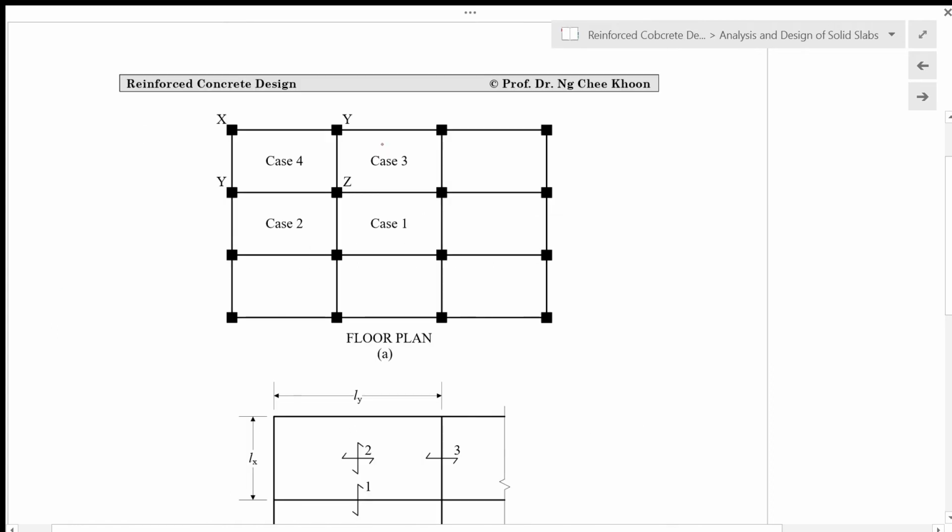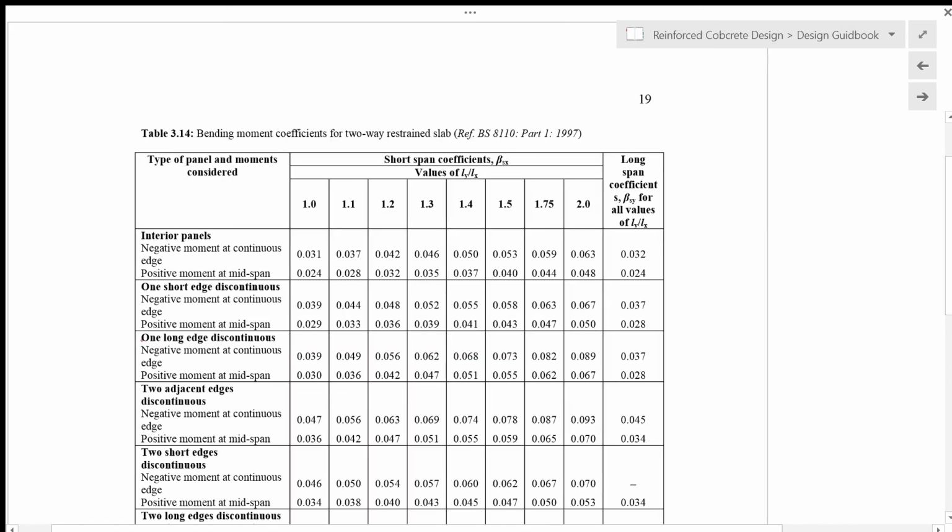And then for case 3 here, we have continuous edges on these 3 sides, and this side is discontinuous. So this is considered as one long edge discontinuous, which is case number 3 in the slab layout.